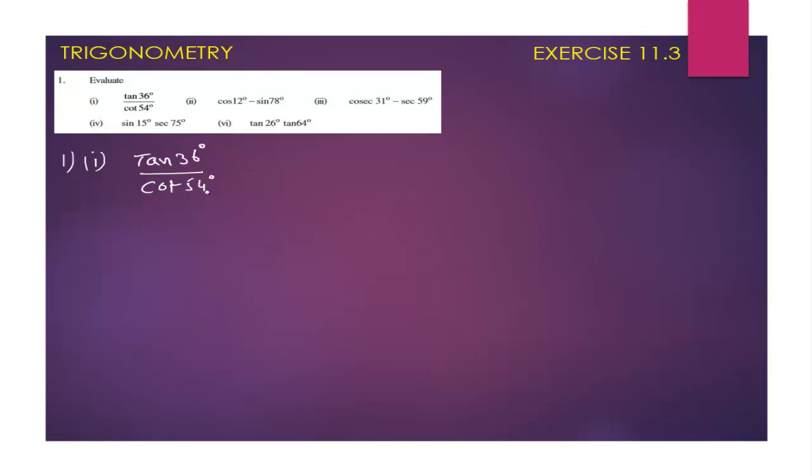Here, if you observe the given angles, 36 degrees and 54 degrees, if you add these two angles, we get 90 degrees. That is, 36 plus 54 is 90 degrees. So we can use the trigonometric ratios of complementary angles, which we learned in the previous class.